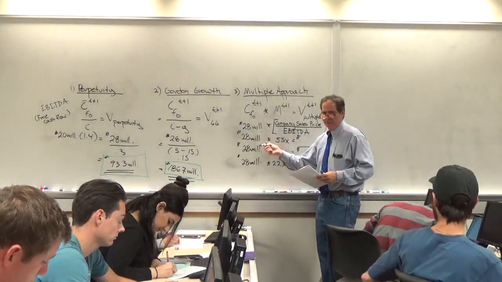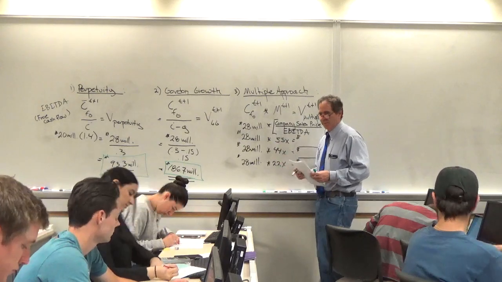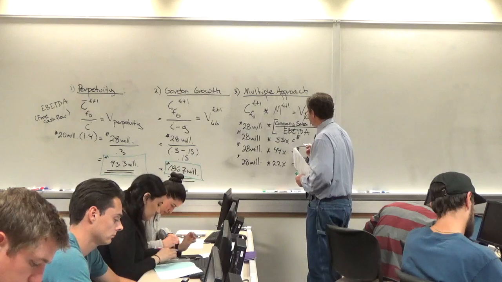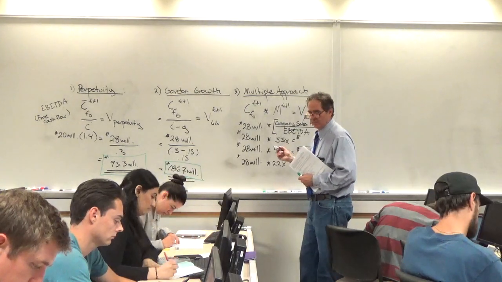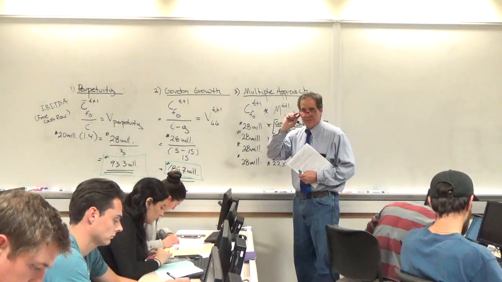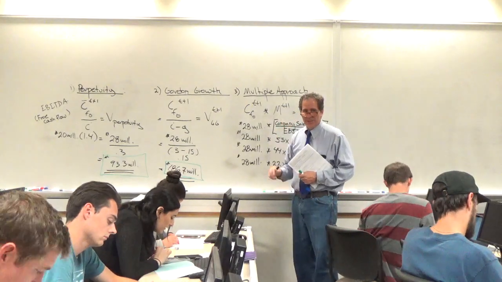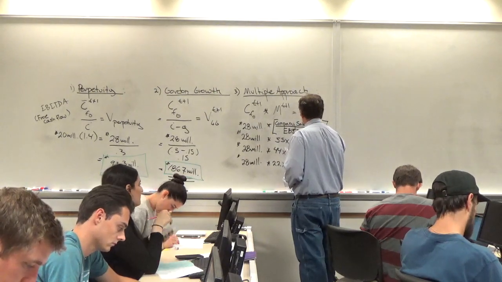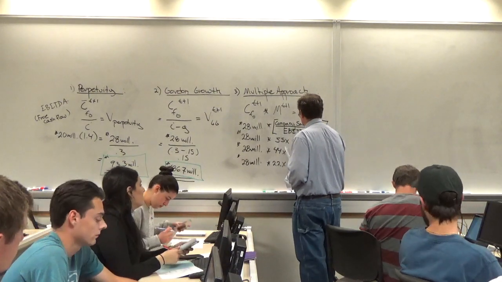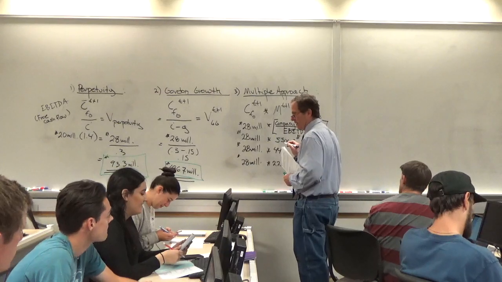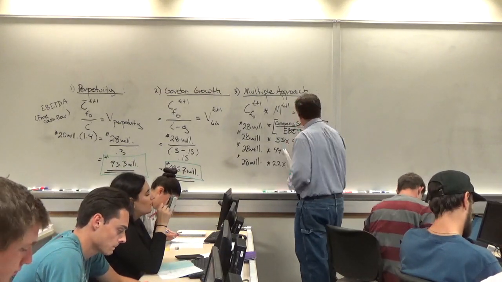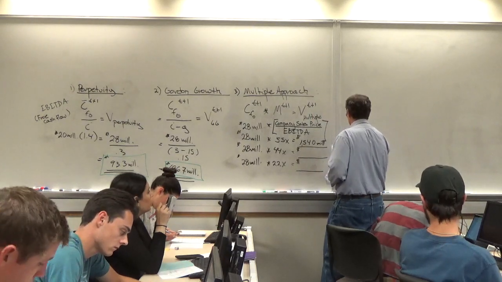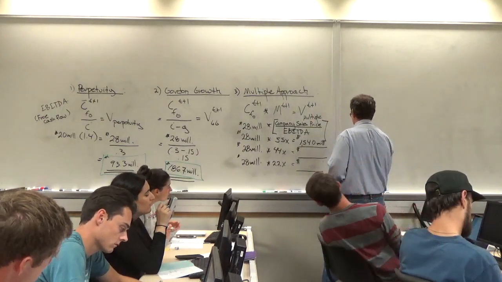So what's 55 times 28 million? 1,540. So 1,540 million, or 1.5 billion? Is that a lot of money?